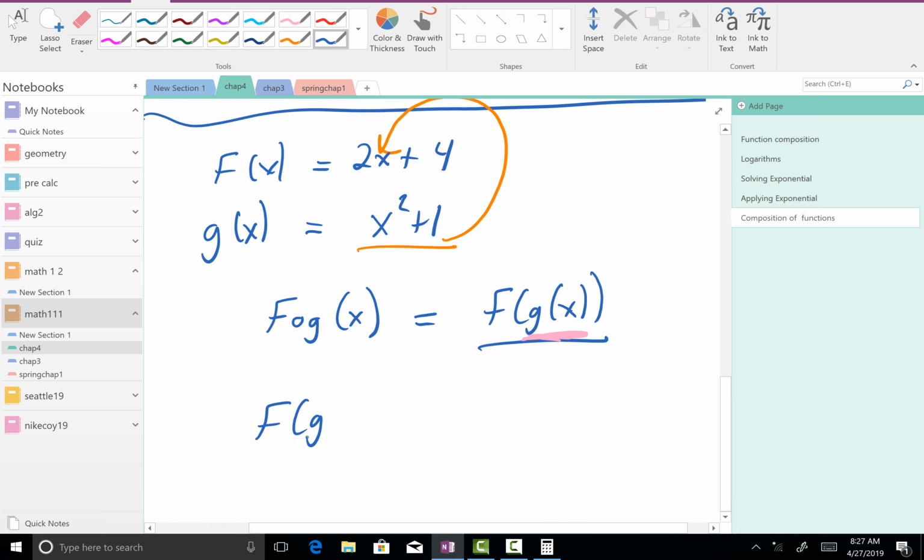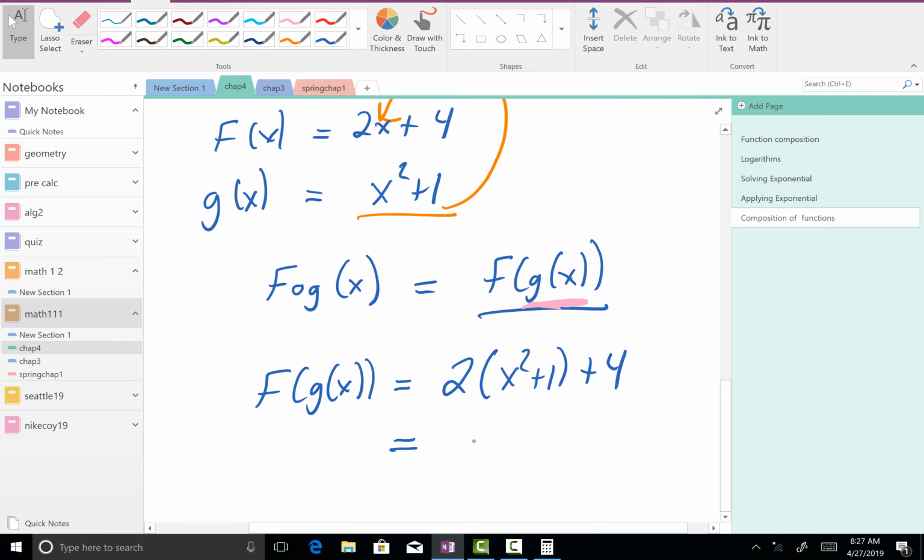So f of g of x is equal to 2 times x squared plus 1, plus 4. It looks a little bit like that, and then you just simplify it out. The g went right into where the x is in f. That's what we did with that.